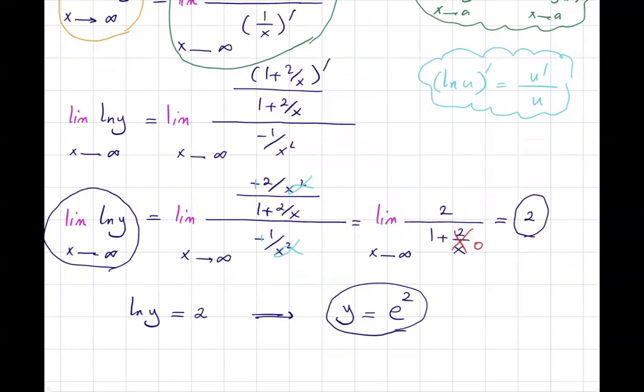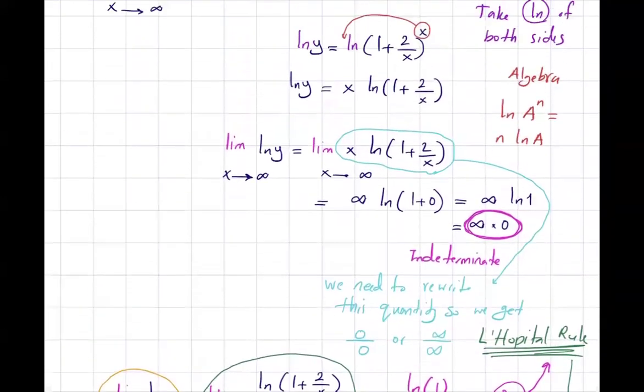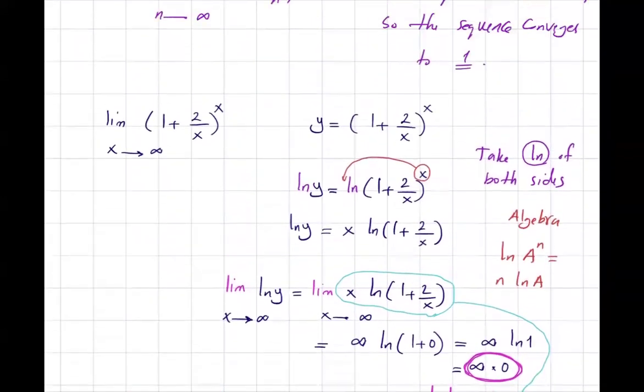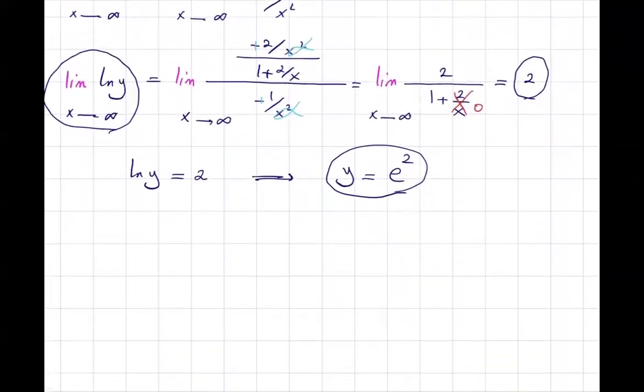But what was y? Let's go back up here. My y is 1 plus 2 over x to power x. This is the limit that I wanted to find.